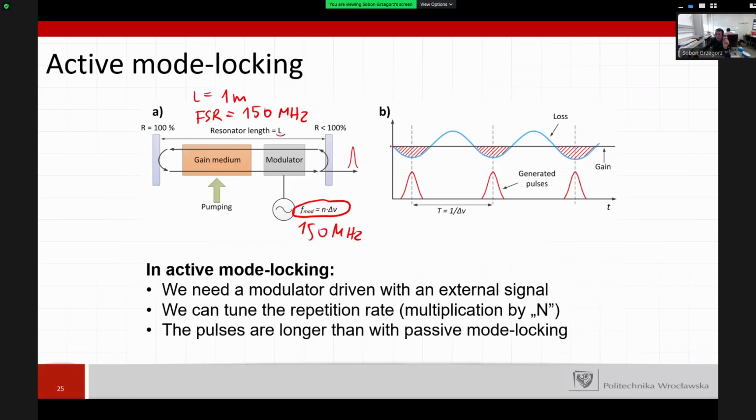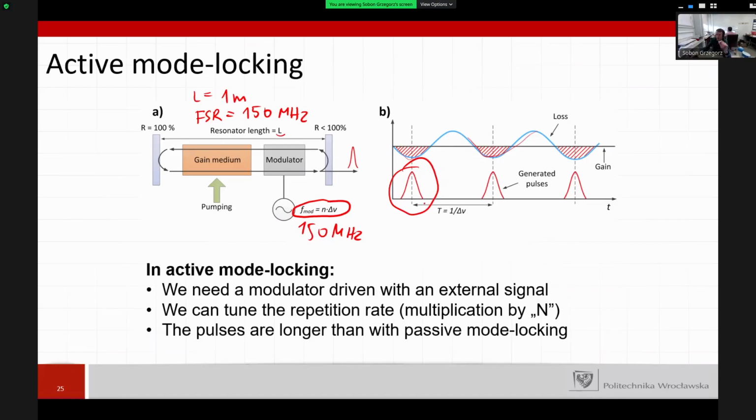So I can synchronize the losses of the cavity with the round trip time of the pulse inside this resonator. So this will also force the pulse operation and synchronization of the modes.